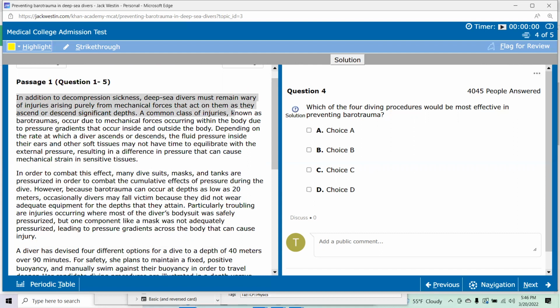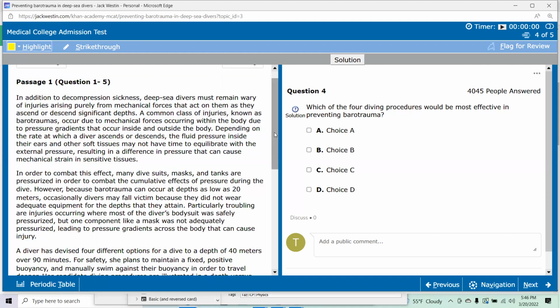A common class of injuries known as barotraumas occur due to mechanical forces within the body due to pressure gradients inside and outside the body. Depending on the rate at which a diver ascends or descends, the fluid pressure inside their ears and other soft tissues may not have time to equilibrate with the external pressure, resulting in a difference in pressure that can cause mechanical strain in sensitive tissues.